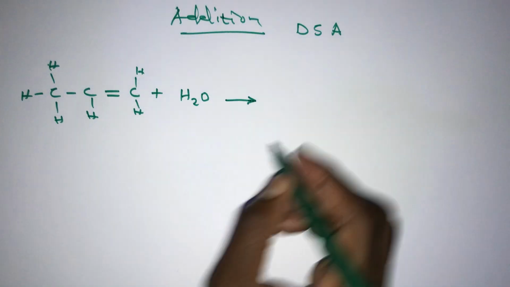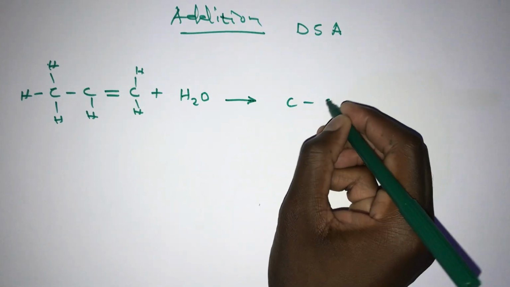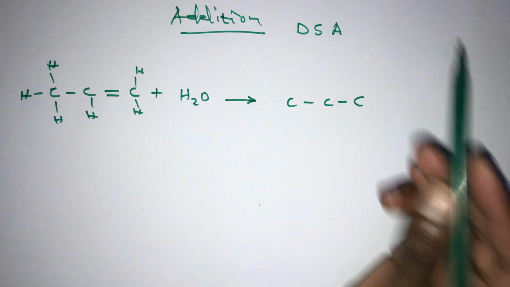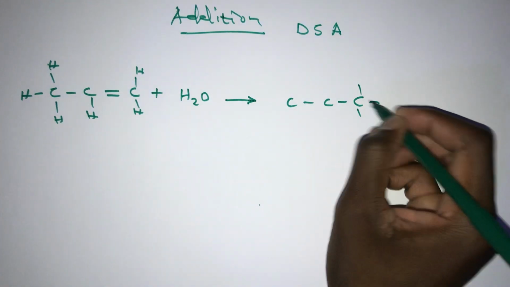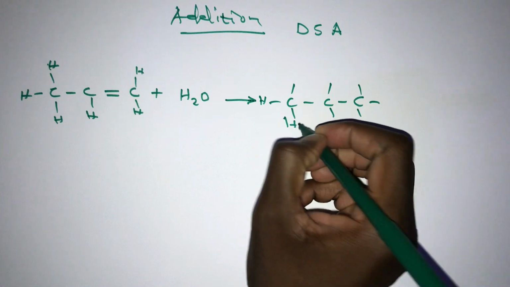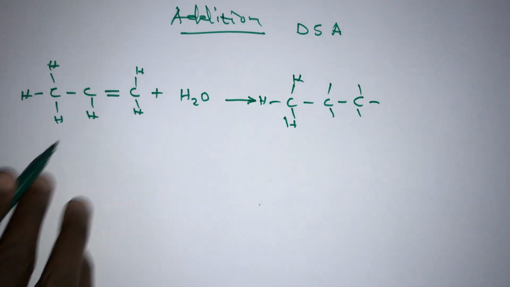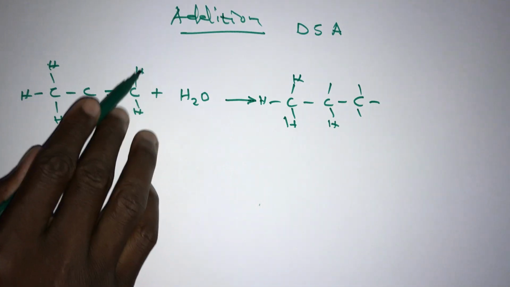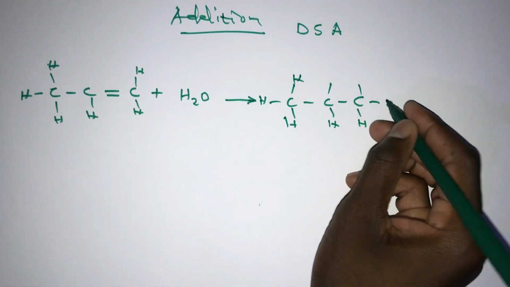So since we're going from double to single bond, then it's addition. So we're going to have single bonds, and the first carbon atom was having 3 hydrogens. The second carbon atom is having 1 hydrogen. The last carbon atom is having 2 hydrogens.